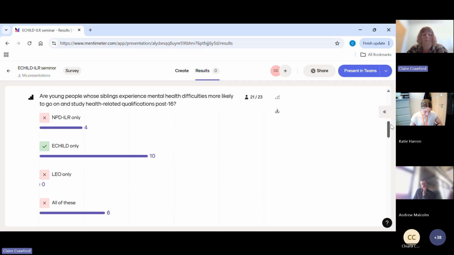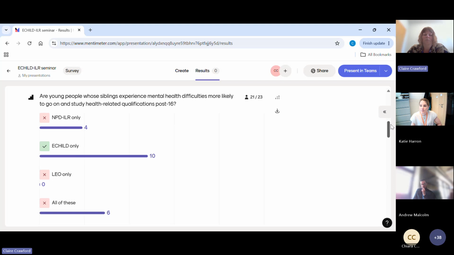Okay, the next one was about people whose siblings experience mental health difficulties and whether they themselves might be more likely to go on and study health-related qualifications. So most people identified correctly that ECHILD would be the data set you'd want to rely on there. ECHILD is really the only one of these data sets which systematically allows you to identify siblings through the mother-child link.